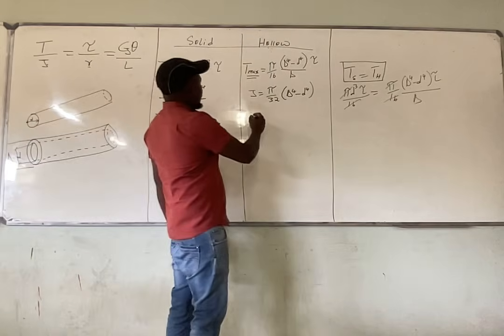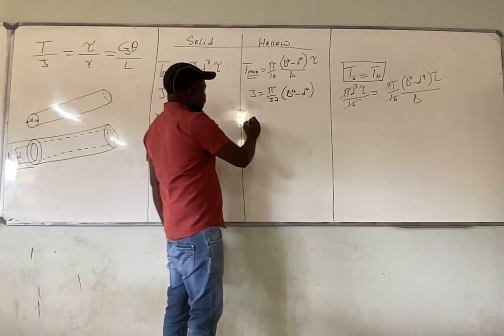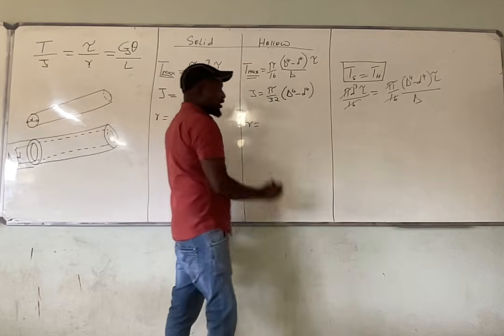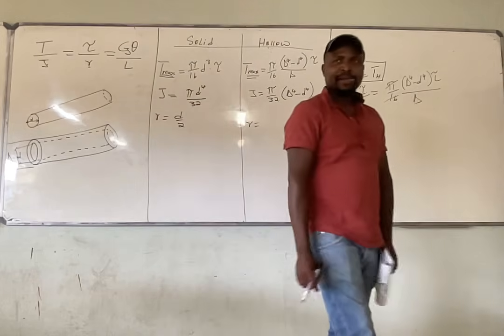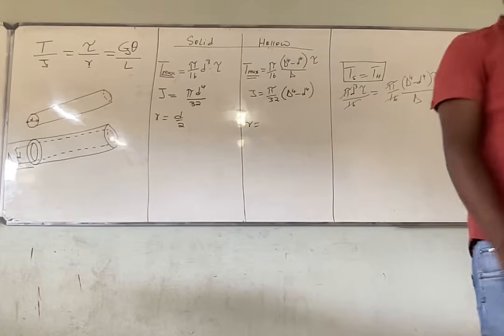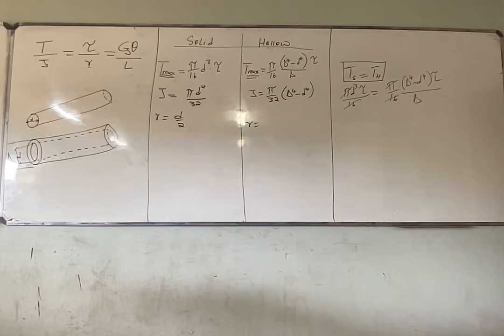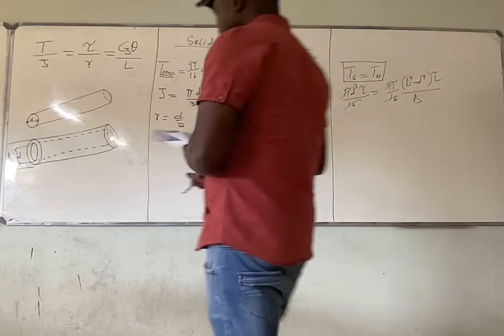Then for a hollow shaft, how do you get R? Outside diameter minus inside diameter over 2.